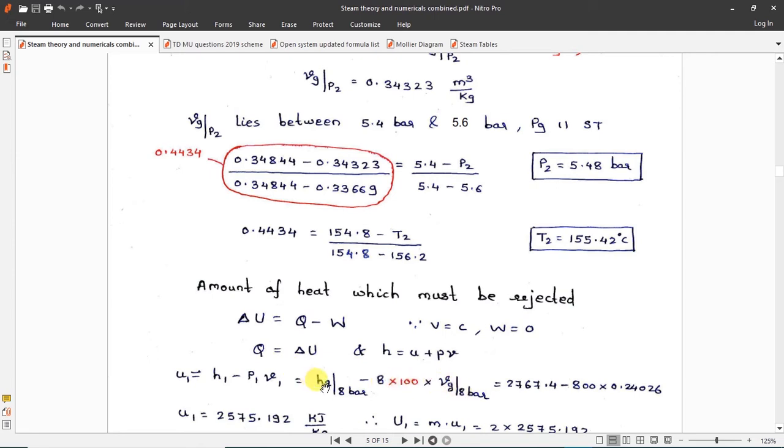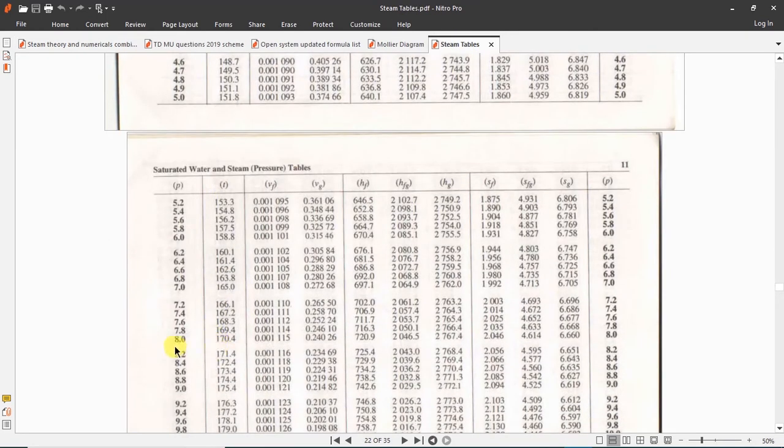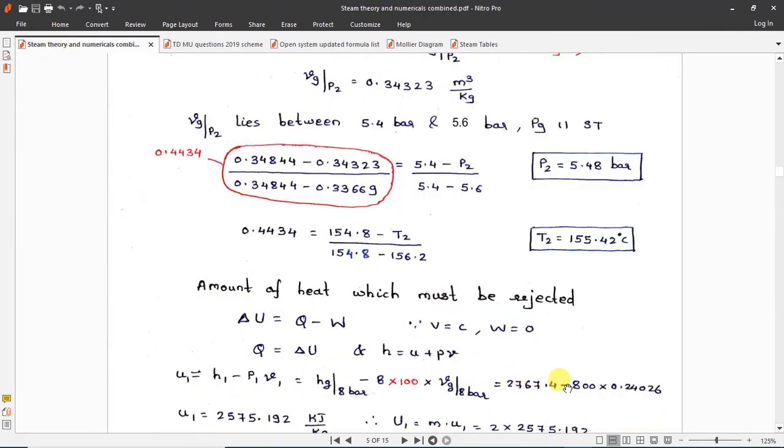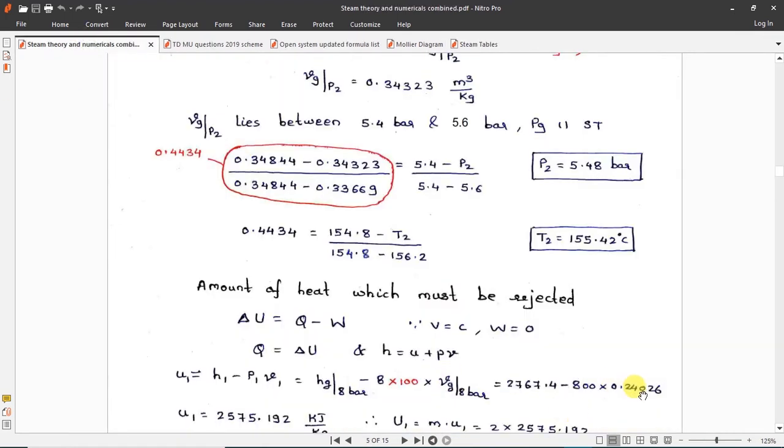Now Hg at 8 bar, see the steam table. Hg at 8 bar is 2767.4. So 2767.4 minus 800 into Vg at 8 bar. At 8 bar Vg is 0.24026. So you will get the U1 value.